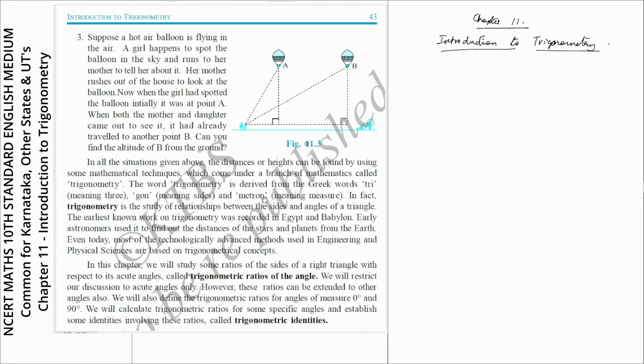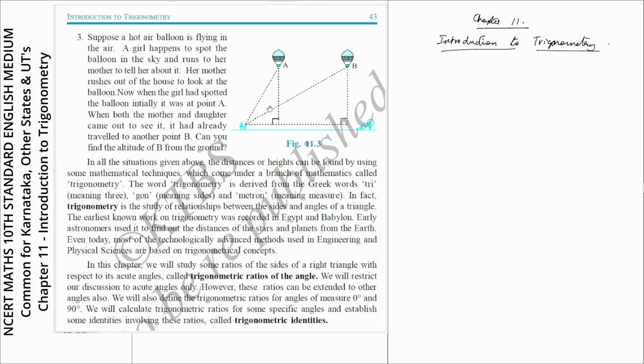Now here in this example you can see one balloon is flying at point A. If we know the viewing angle and this distance, we can calculate at what height this balloon is flying. Here you can see a right angle triangle is formed. In the previous example also right angle triangles were formed.